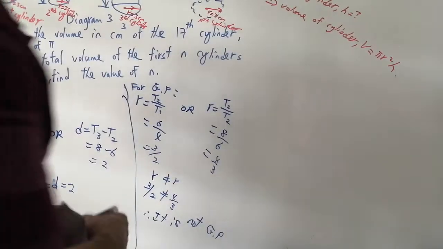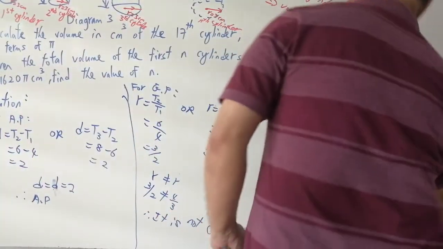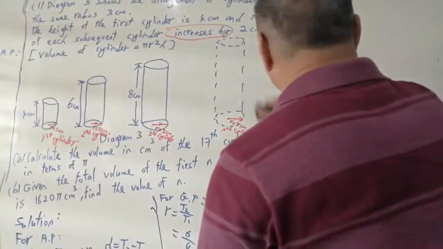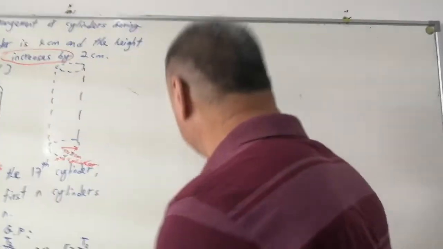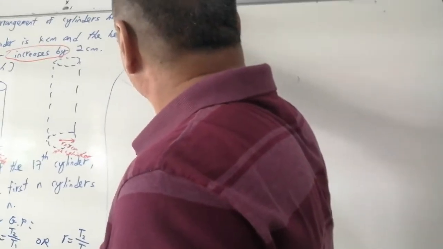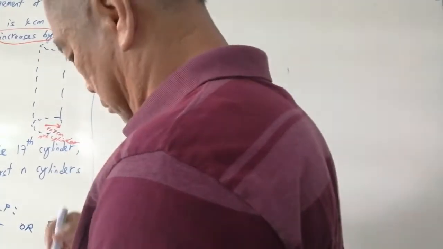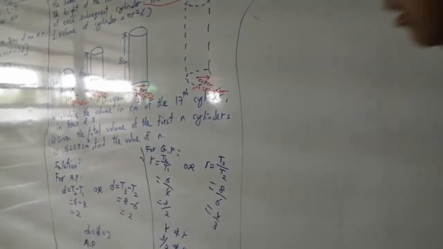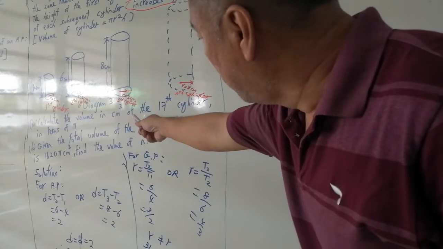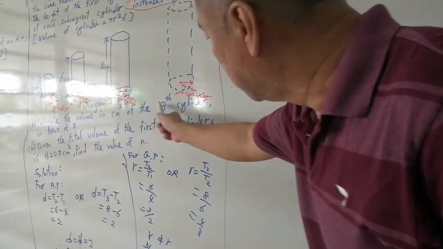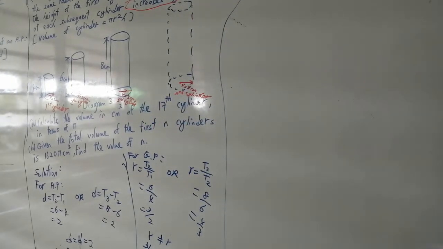So we solved it. Now we know that this one is AP already. So the first thing they ask you: calculate the volume in cm³ of the 17th cylinder.